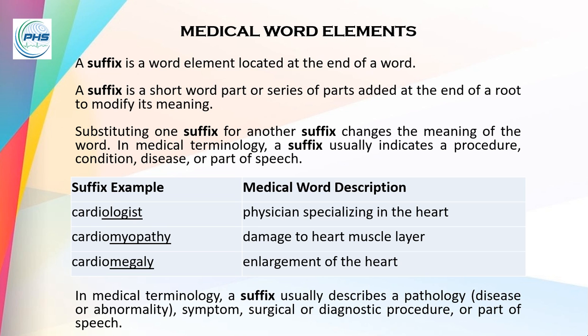And the third example is cardiomegaly, which is enlargement of the heart. In medical terminology, a suffix usually describes a pathology, that is disease or abnormality, symptom, surgical or diagnostic procedure, or part of speech.